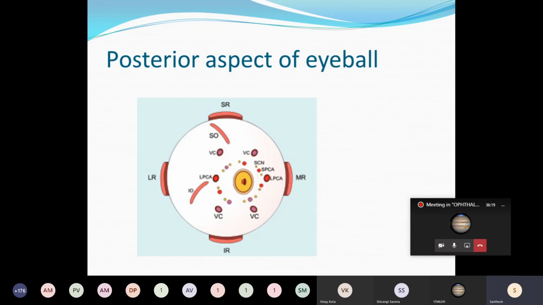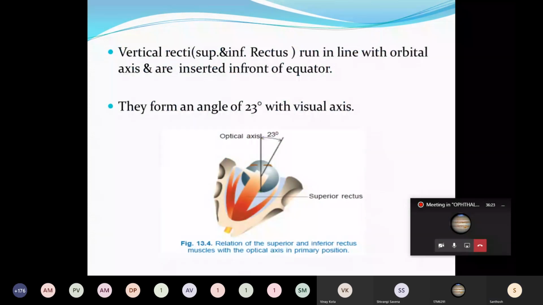The vertical recti, which are the superior rectus and inferior rectus, run in line with the orbital axis and are inserted in front of the equator. You know the definition of the equator now. They form an angle of 20 degrees with the visual axis.